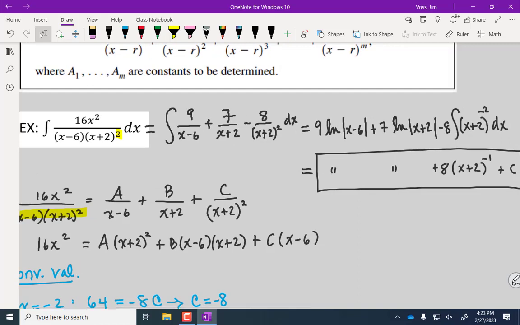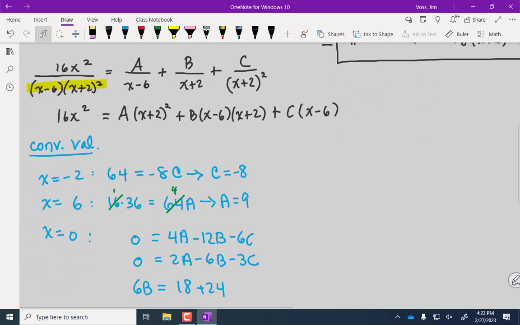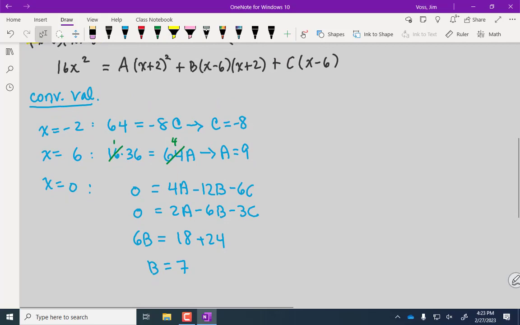Could you explain how we found C again? Yeah, so we're plugging in negative 2. Was it B? The one at the bottom? Yeah. Okay, so there are only 2 convenient values, negative 2 and 6, and that's only going to generate 2 equations. We need 3 equations because there are 3 unknowns. You learned in college algebra, 2 equations for 2 unknowns, 3 for 3.